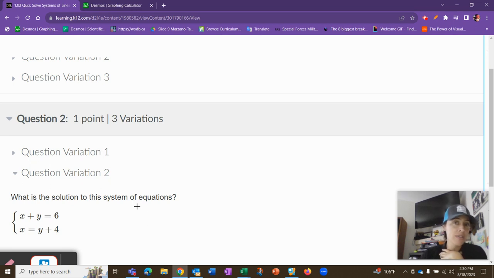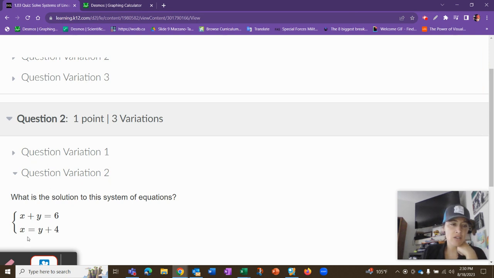So if you're going to use linear combination method, you need to make sure that both variables are on the same side of the equal sign that you're going to combine. Because technically, if we brought the y over there, we would be fine. But what I mean is we can't subtract this and change the equal sign to a subtraction sign. That doesn't work. Okay, so they were kind of being tricky there.